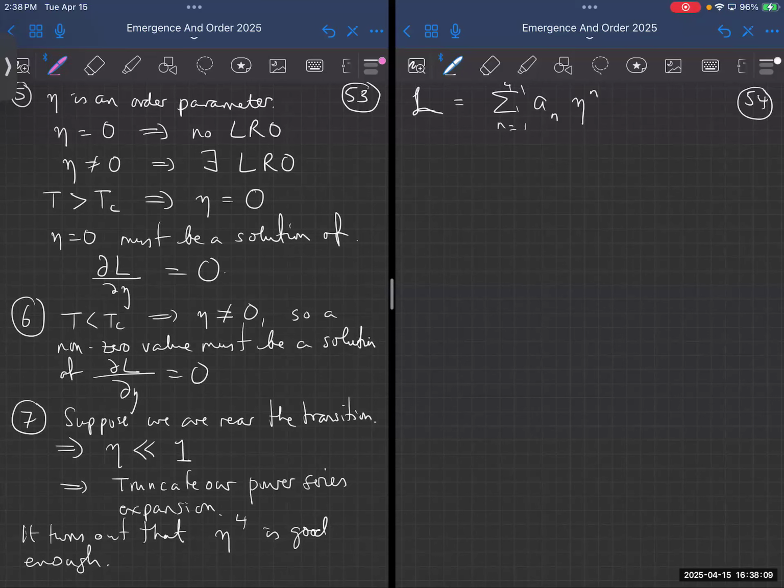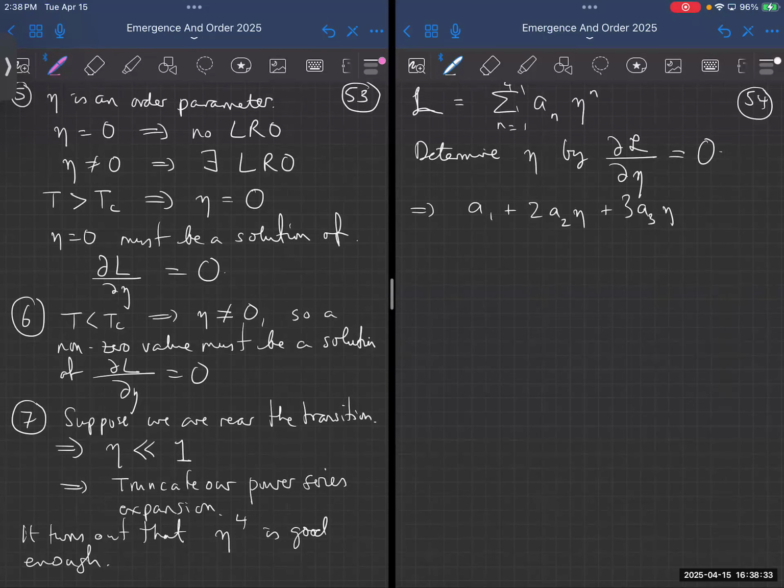The first thing is that we determine eta by dL by d eta equal to 0. So that means a1 plus 2 a2 eta plus 3 a3 eta squared plus 4 a4 eta cubed equals 0. Okay, so that's the extremal equation.